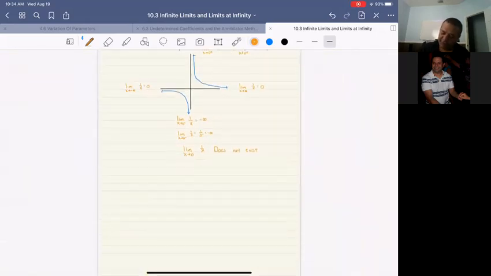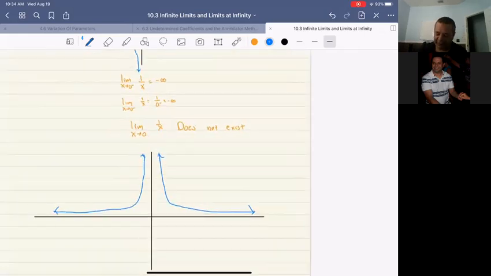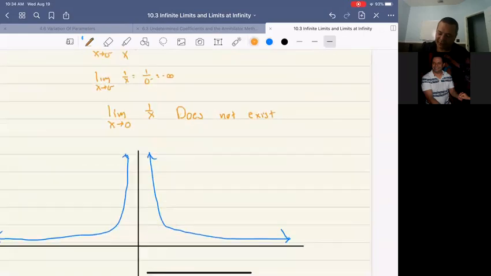We could do a similar thing with 1 over x squared. I won't get into as detailed a discussion, other than to say, what's happening here?